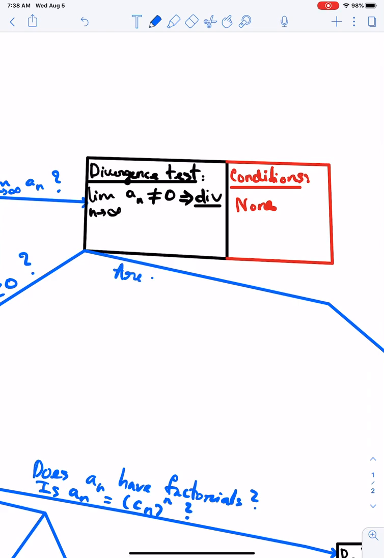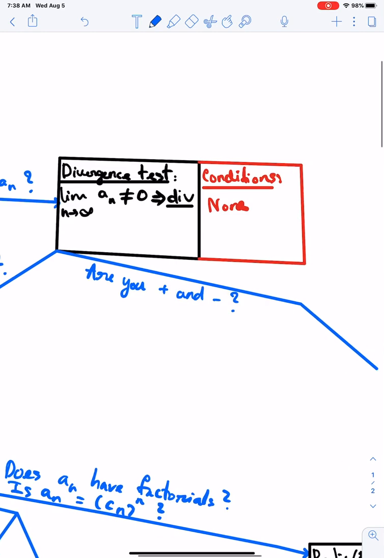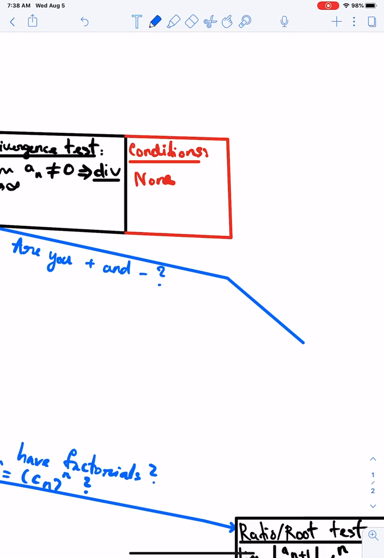Are you plus or minus? So we know one possible outcome is that we're going to have an alternating series, right? So I just have this after that, right? Are you an alternating series?